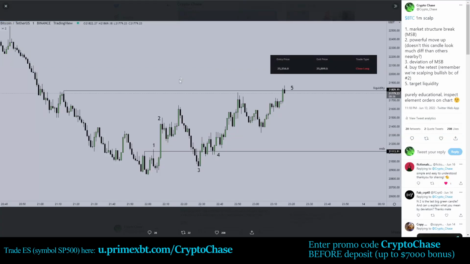And let's go over to here. You have low, you have high, you have low, you have high, you have lower low, and you have the break of market structure, or candle 2 could have been breaking market structure, either way, okay? So what do we have? We have the high of the previous low before the lower low, okay?